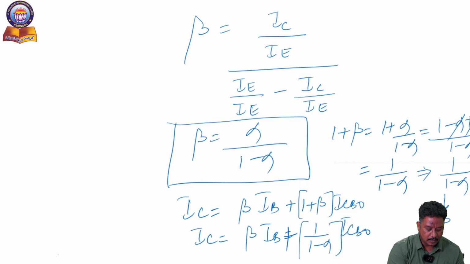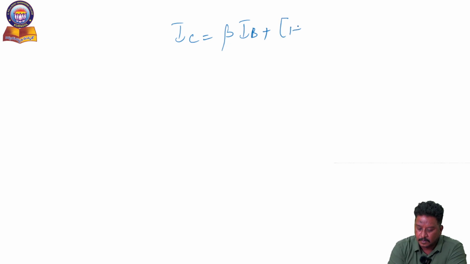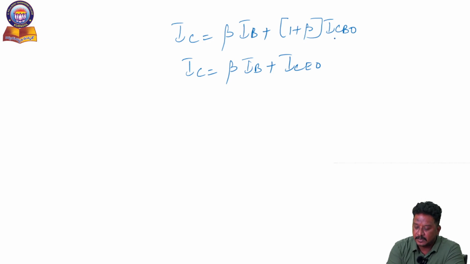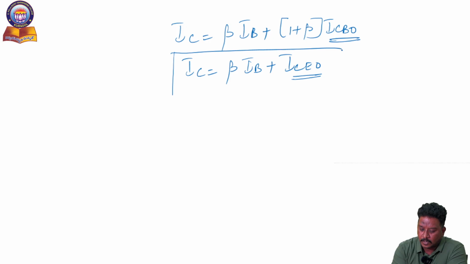Now I am trying to frame that equation: IC is equal to beta into IB plus 1 plus beta of ICB naught. In some textbooks, they consider it as ICEO, where CBO is common base with input open, and CEO is common emitter with input open. Almost all will give the same value only. This is the final equation I am considering.